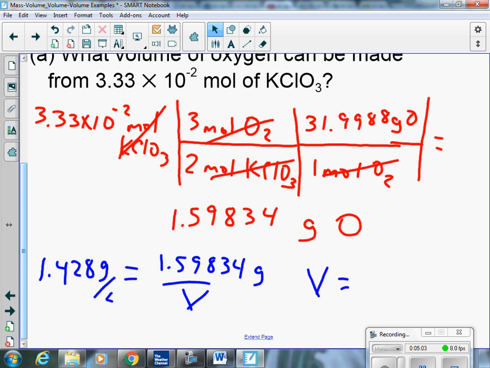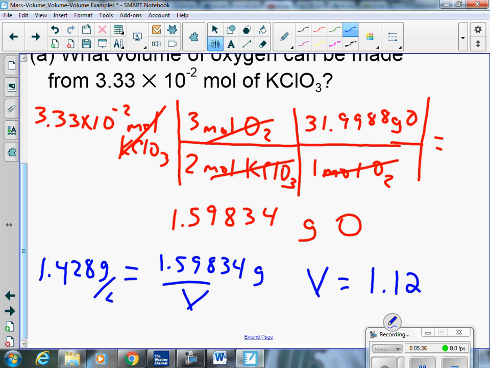Okay? So what I'm going to do is take my mass and divide that by my density, which is 1.428. And my volume with 3 significant figures is going to be 1.12, and I've got to figure out what my label for volume will be.